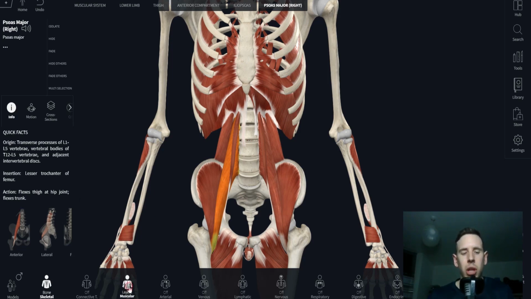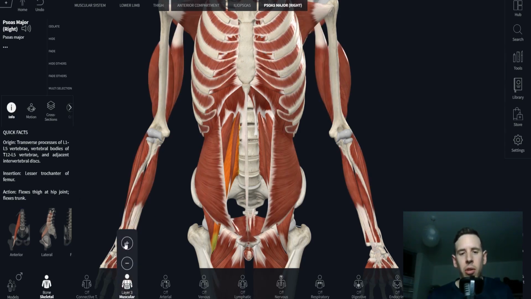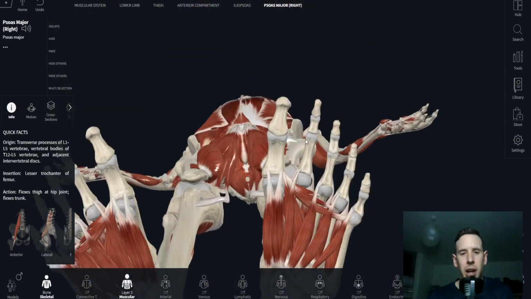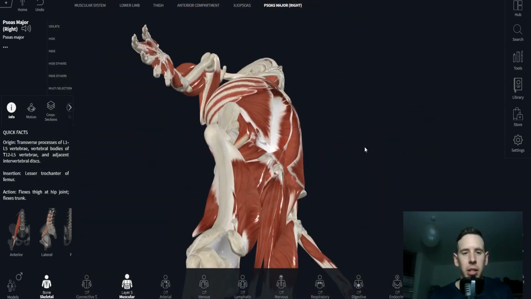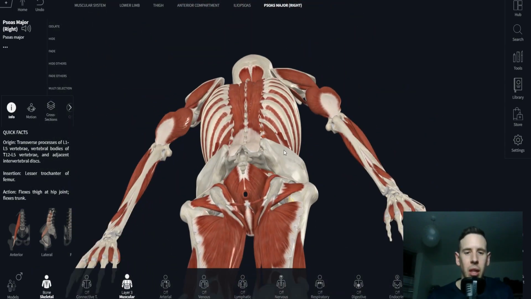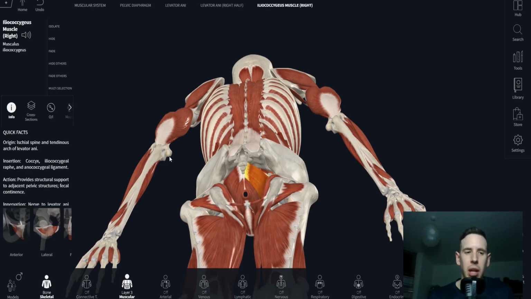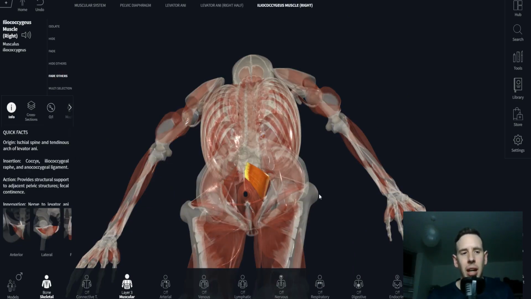When it comes to the floor, let's go through the floor next. So if we flip round, I'm just going to highlight this muscle here. I'm talking about the pelvic floor. Now, I've just highlighted one muscle here, but in reality, the pelvic floor is a group of muscles that control bladder and bowel function.